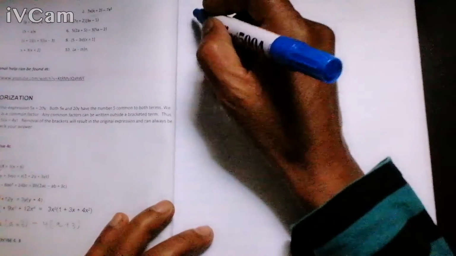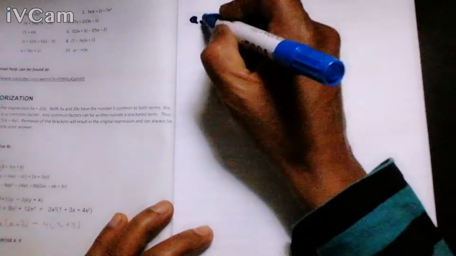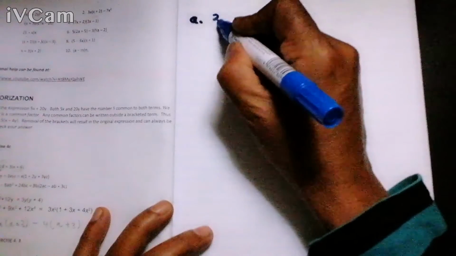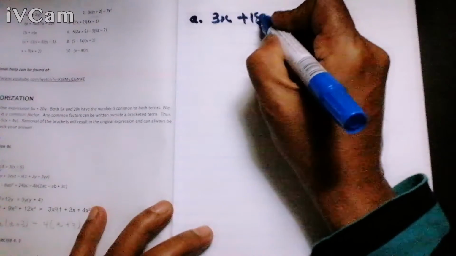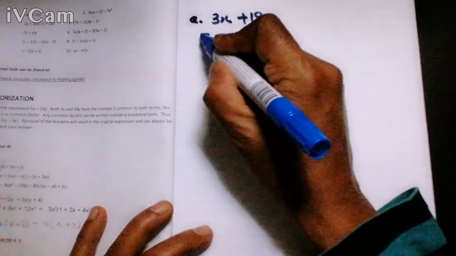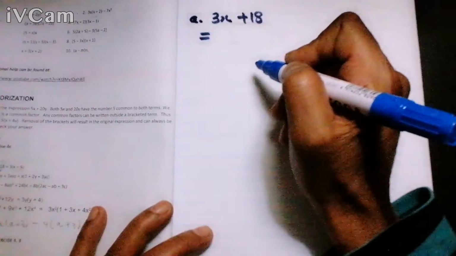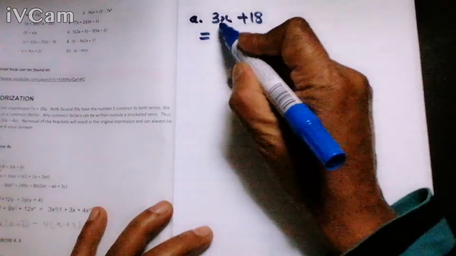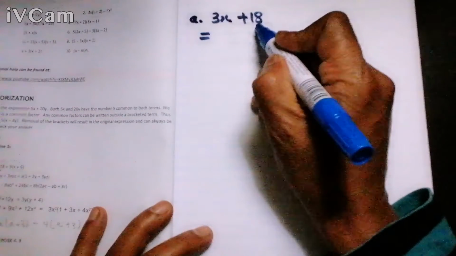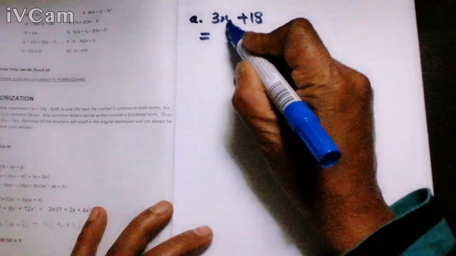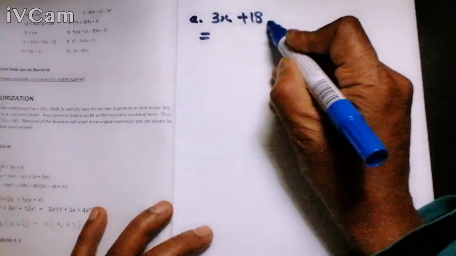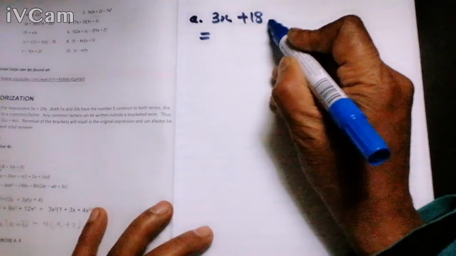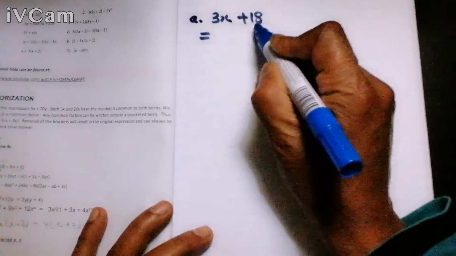If you look at A, that example has 3x plus 18, and we're going to end up with an answer with some brackets in it. If you look at these two terms, this is a variable term in the variable x. Here there is no variable x, so there are no variables that are common, so it's just numbers.